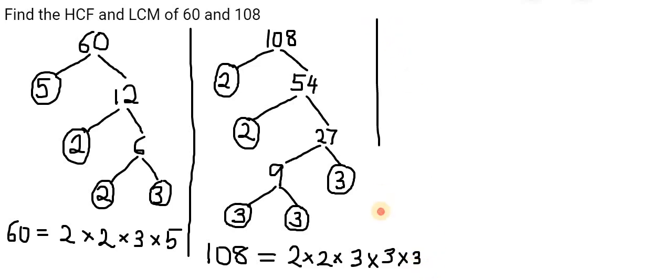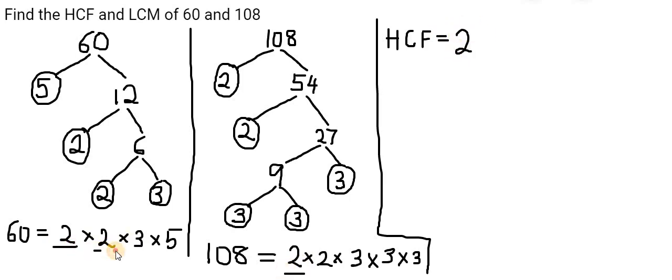Okay? So, once that is done, I start with my HCF. I gather all the common factors that are common to the breakdown of 60 and 108. So there's a 2 first. There's another 2 common to both of them. So that's another times 2.